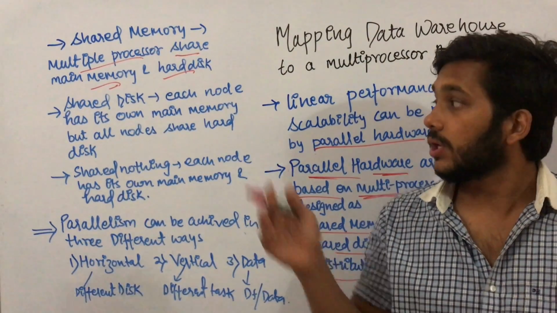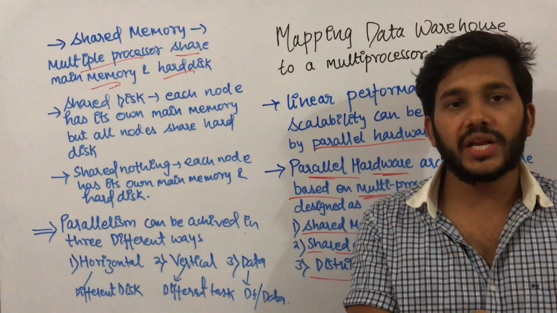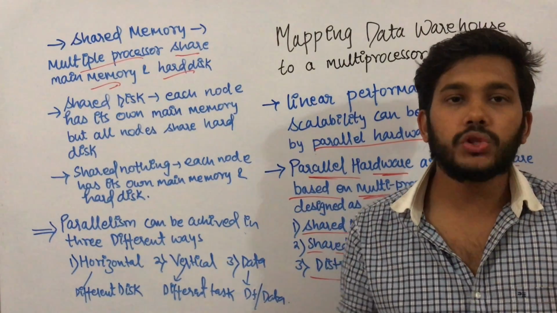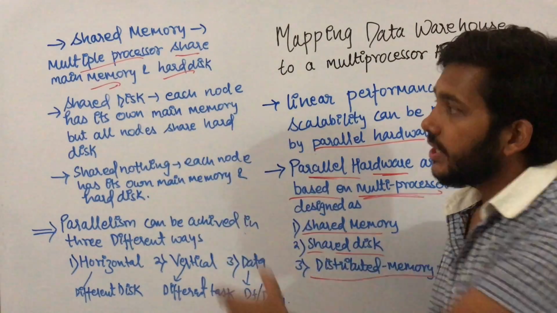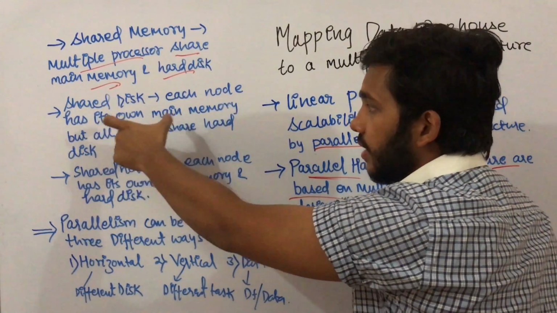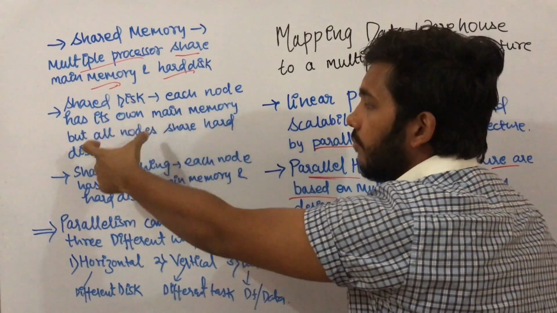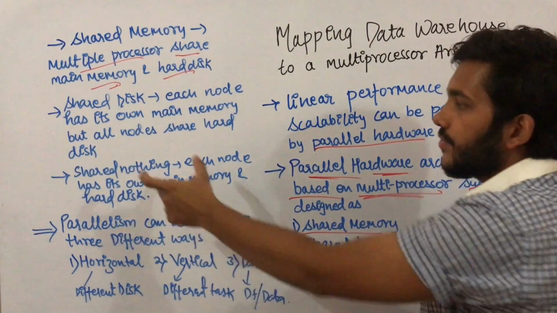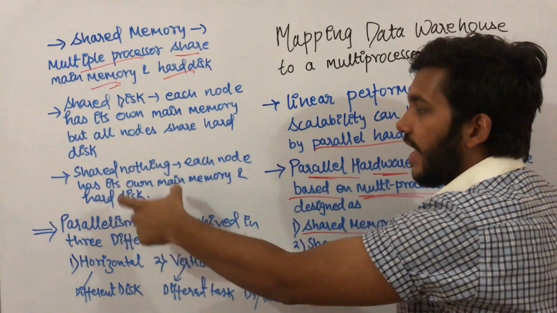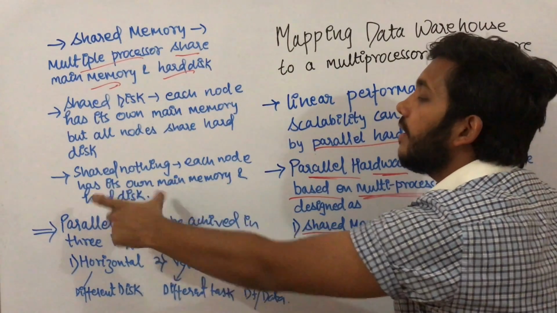Now phone has its own main memory and computer has its own memory, but both are going to share the same hard disk. So in shared disk, each node has its own main memory, but all nodes share the same hard disk. Shared nothing means each node has its own main memory and hard disk.